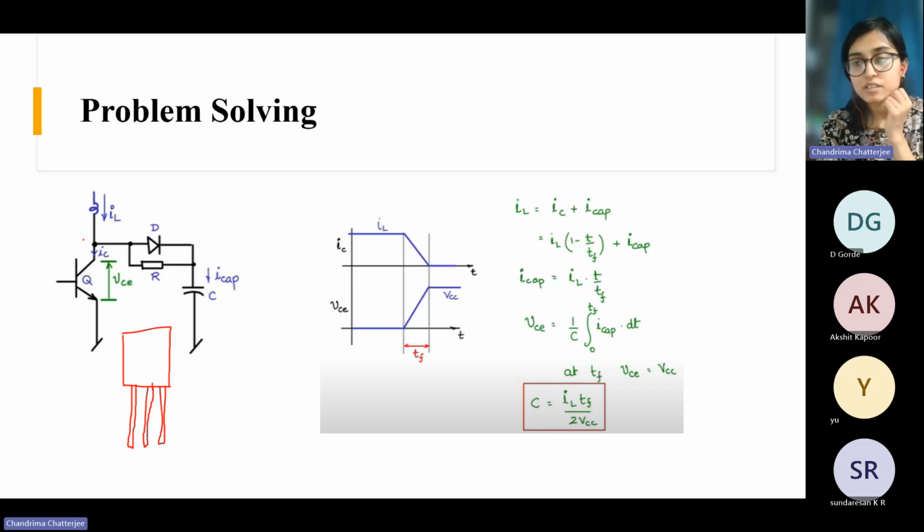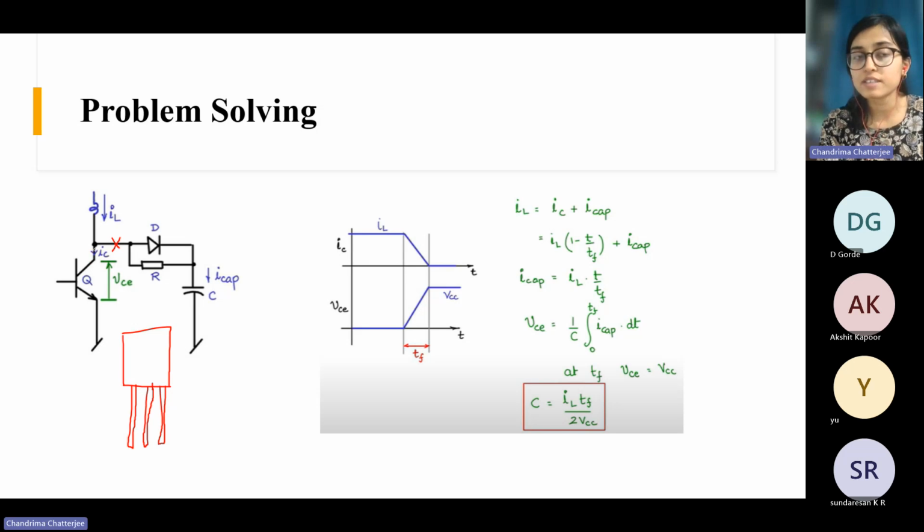Now, what happens when you turn off this device? Now you don't see this diode, this resistor, this capacitance. You just focus here. Suppose this is not here now. You just see this part, only the inductance and this device. So some current was flowing. Now you have turned off this device, okay?